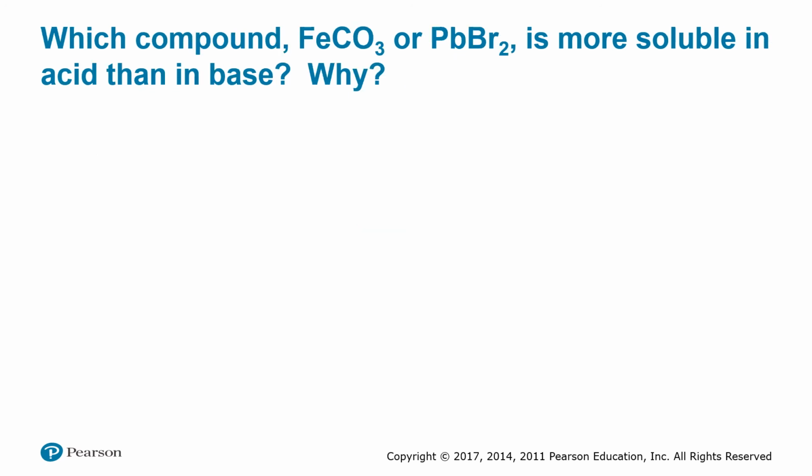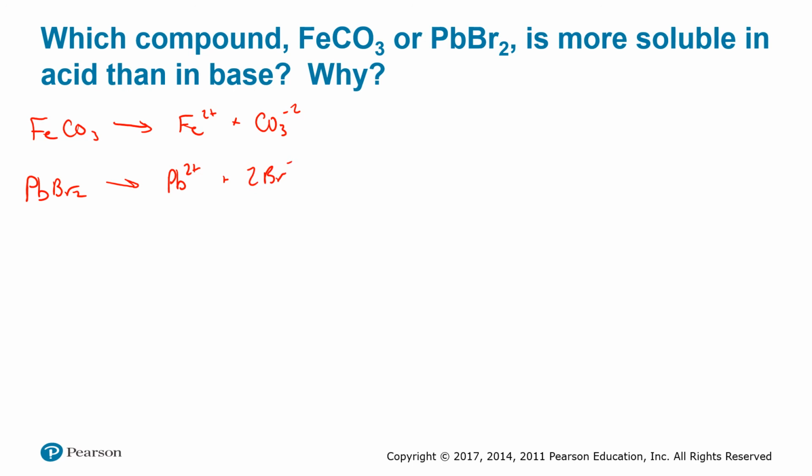Okay, with that in mind, would iron(II) carbonate or lead(II) bromide be more soluble in acidic solution, and why? If we look at iron(II) carbonate, that's going to break apart into iron(II) and carbonate. Lead(II) bromide is going to break apart into lead(II) and bromides.